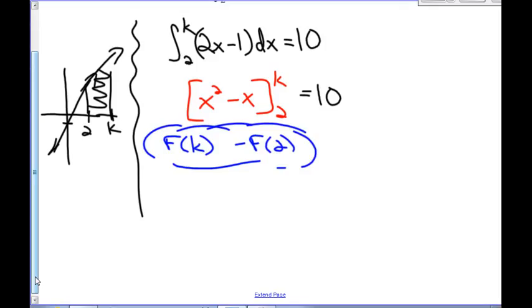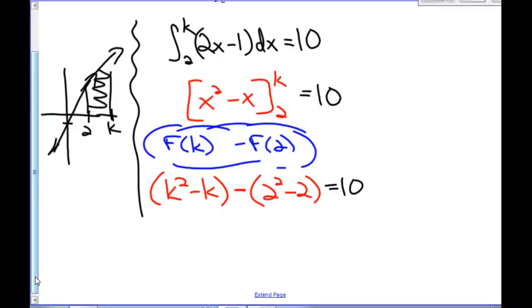That will give me k squared minus k minus 2 squared minus 2 equals 10. Or k squared minus k minus, let's see, this thing here is 4 minus 2, so that's minus 2.